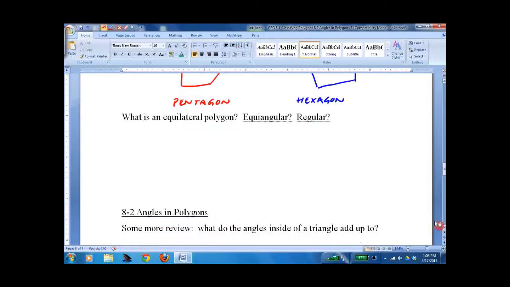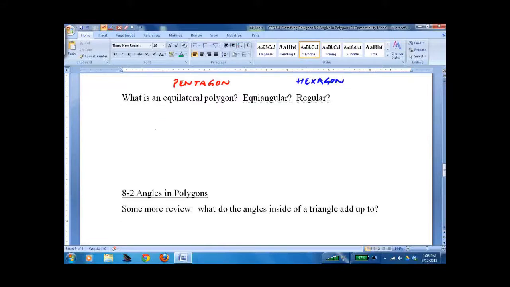So, more about polygons. What's an equilateral polygon? Well, it's got the same length side all across it. And how do we know? Well, it has to be marked. So that means all these sides are the same.